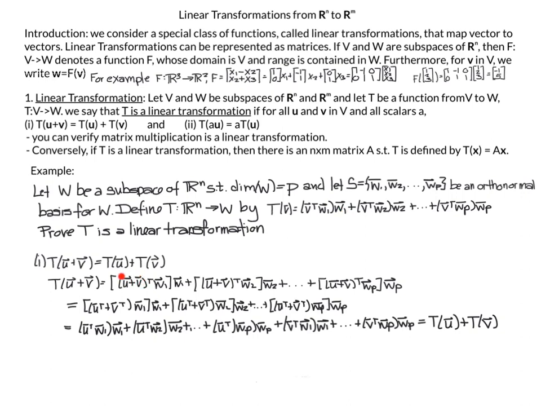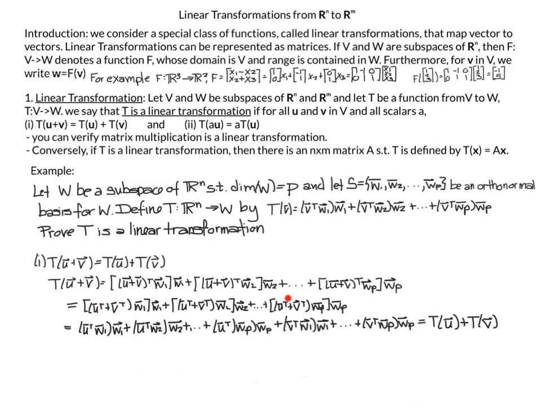So here is my vector, u plus v. I take its transpose, I multiply by w1, and then this result I multiply by w1. Now I do the same thing for w2 up to wp. So I take my vector, transpose it, multiply by w2, multiply the result by w2, up to wp. In this next step, I use the property of transpose, that when you sum two vectors and take the transpose, it's the same thing as taking the transpose of each vector and then summing.